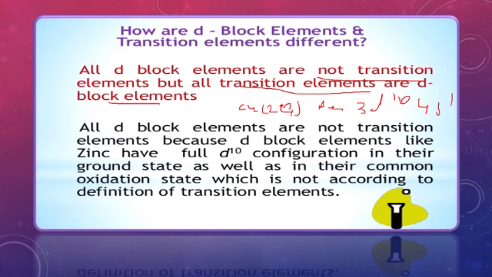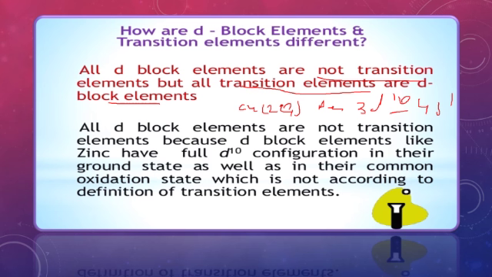It contains fully filled d orbitals in its elemental state, but copper shows the most stable +2 oxidation state, and in that oxidation state it contains partially filled d orbitals, due to which it is regarded as a transition element.